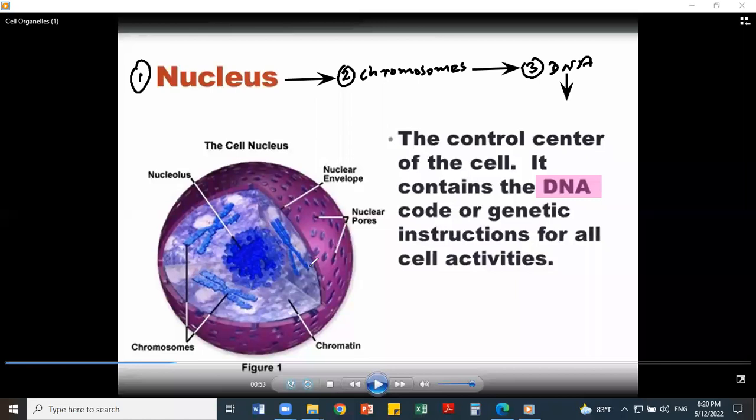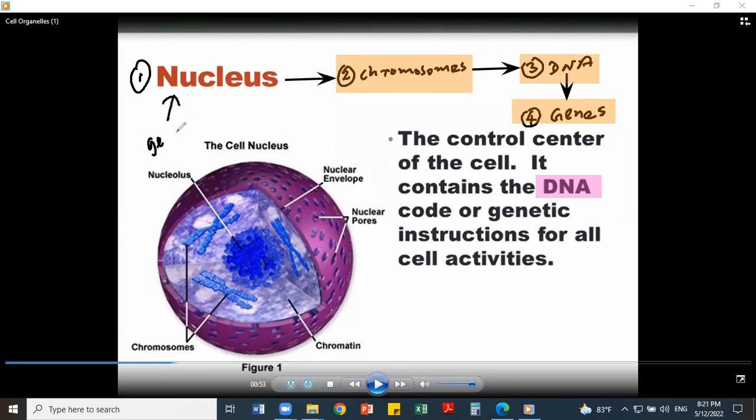DNA contains genes. So this is very important to understand. So therefore the nucleus contains what? Genetic material. Contains what? Genetic information. Nucleus contains what? Genetic information.